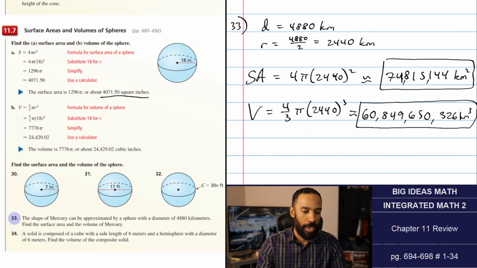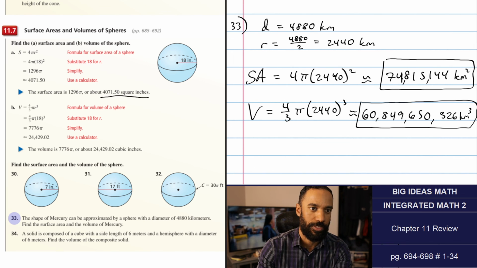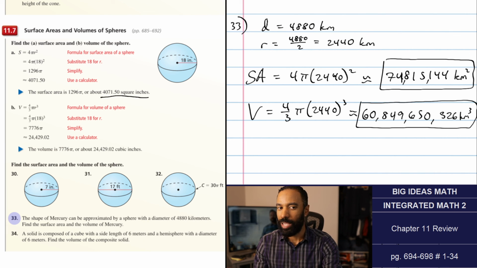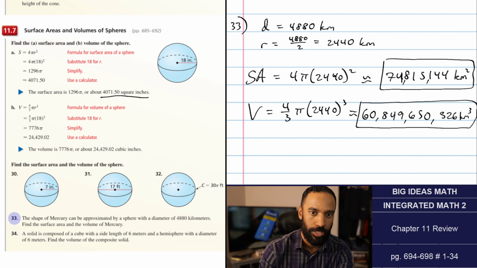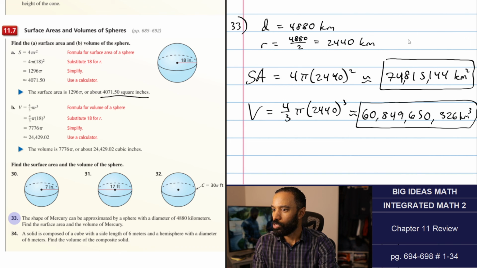I'm curious. I'm going to Google these things right now. What is the surface area of Mercury? They say 28.88 million. Oh, in square kilometers. 74.8 million square kilometers. We have that 74.8, right? So cool.